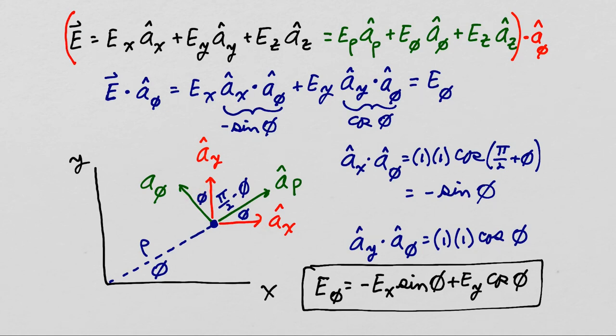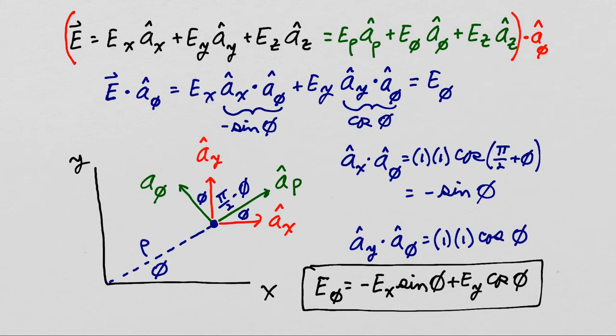The angle between ax and a phi is pi over 2 plus phi, so ax dot a phi will equal the cosine of pi over 2 plus phi, and the cosine of pi over 2 plus phi is the same as minus sine of phi. So this dot product will be minus sine of phi. The dot product of ay with a phi will be cosine of phi, leaving us with e sub phi equal to minus e sub x sine of phi plus e sub y times cosine of phi.